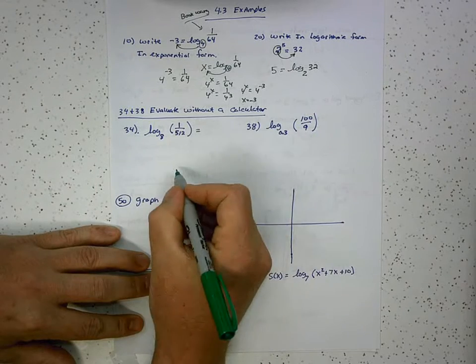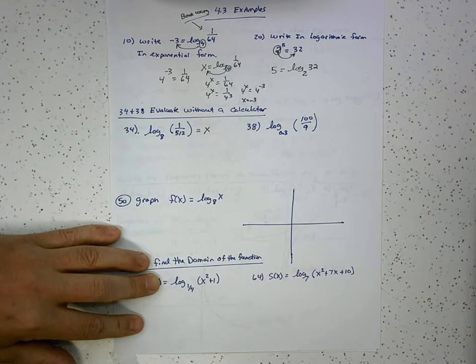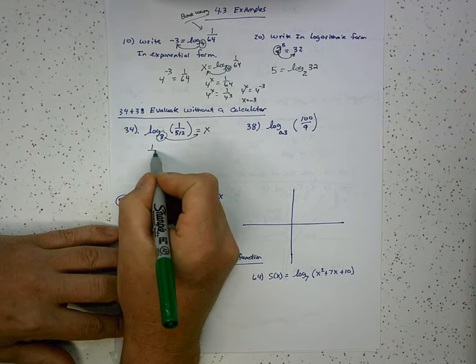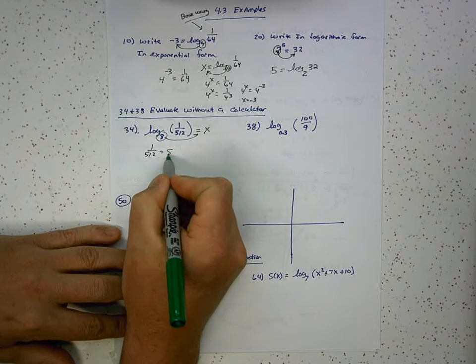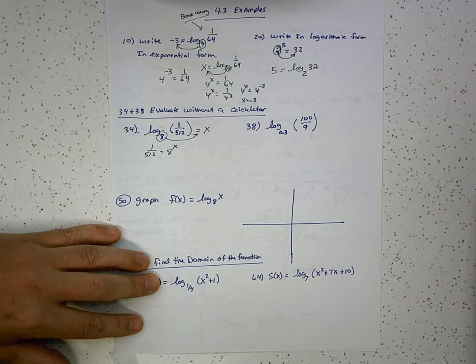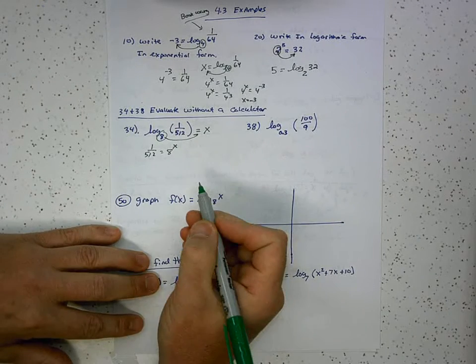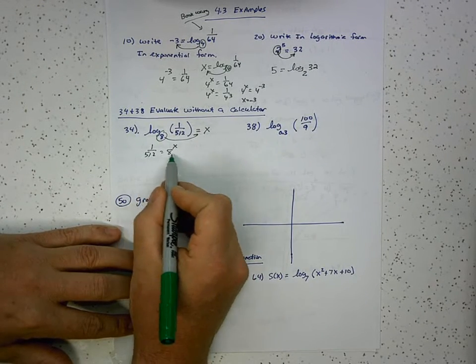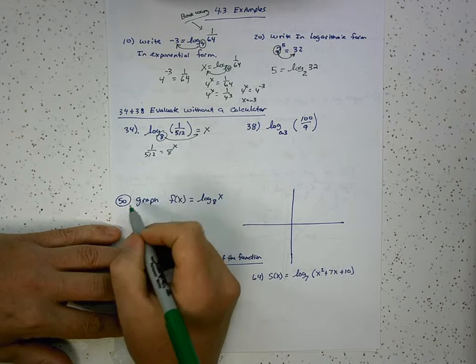The easy way to do it is set it equal to something. Then change it to exponential form. So I have 1/512 equals 8 to the x. So now I need to get both of these into the same base. Well, when I was doing this the first time, I looked at it and said, well, I don't see 8 being a part of 512.